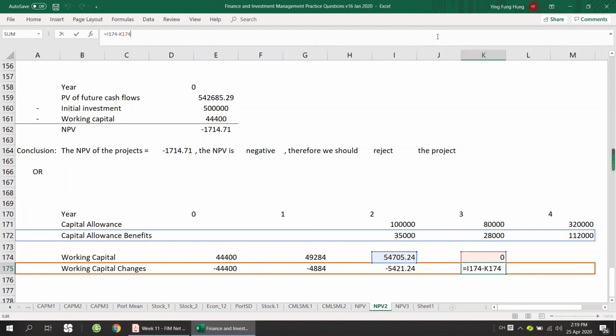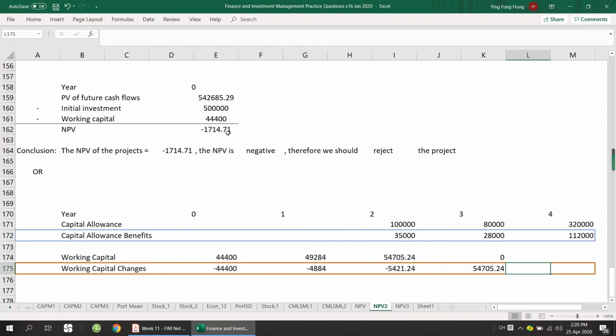In this case, it's going to be the difference between the working capital in year 2, which is this 54.70524 thousand, minus the working capital in year 3, which is 0, which will give us a positive cash inflow. That's why it's a positive figure of 54.70524 thousand.